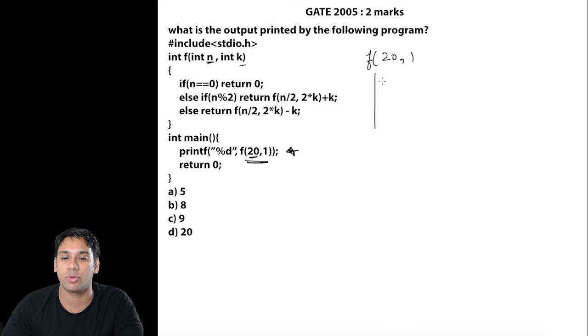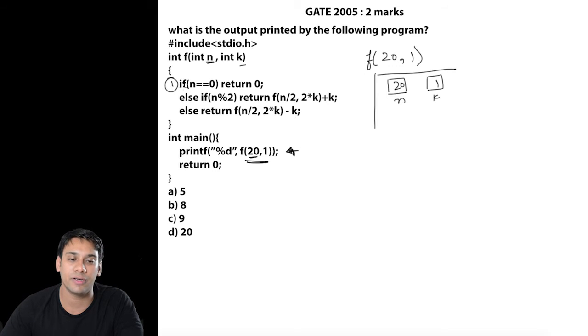So when we called f of 20 comma 1, the value of n is 20 and the value of k is 1. The first statement will not be executed because the value of n is 20 and 20 is not equal to 0. Now the second statement says if n modulus 2.